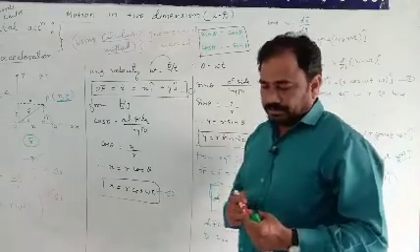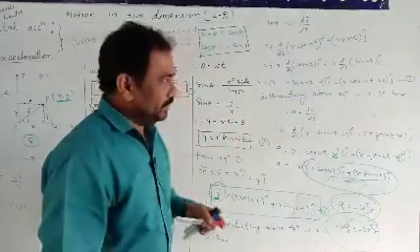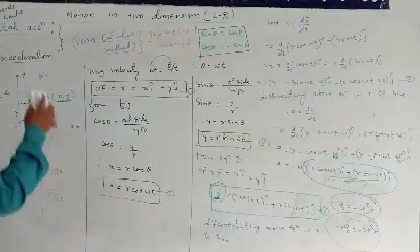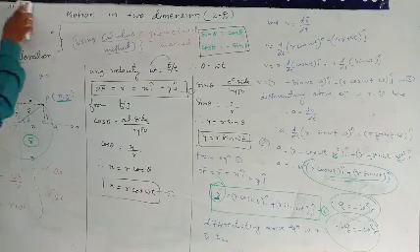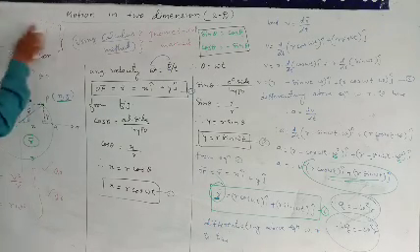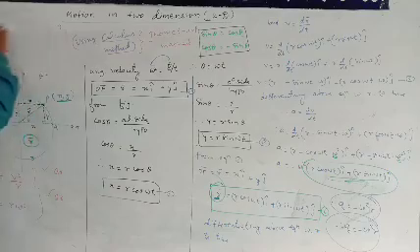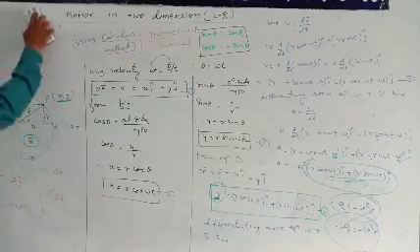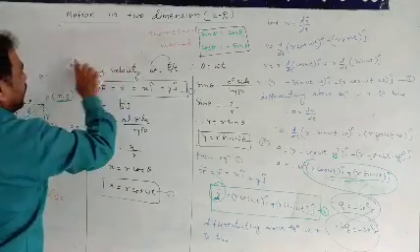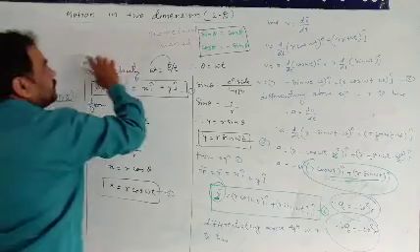Now see, after this centripetal acceleration, we will move toward the centripetal force. Which force is the centripetal force, why is it necessary, and what is the magnitude of that centripetal force?